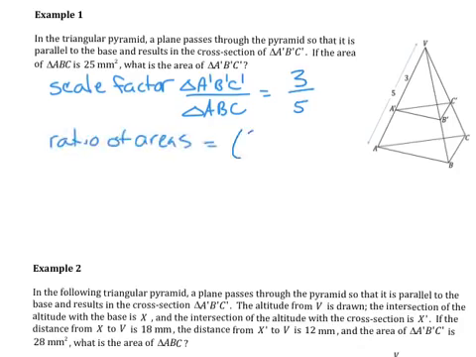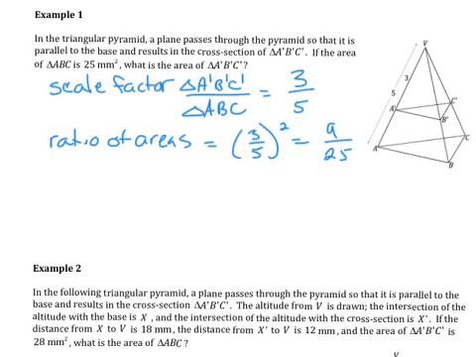So the ratio of the areas, going from pre-image to image, is 3 over 5 squared, which results in 9 over 25. So if I want to find the area of the smaller triangle, I can just multiply the area of the large triangle by the scale factor for the area.